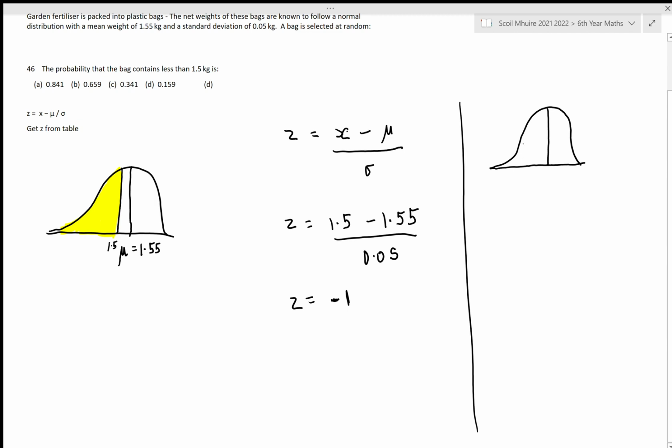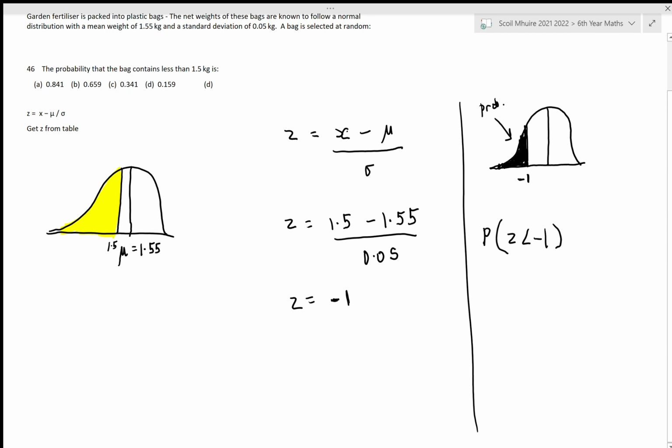But we have a symmetrical graph, so we can use that information to find the probability under a Z-score of -1. Okay, so there's your Z-score of -1. This is what you want. You want this area, that probability, that area under the curve. So you want the probability where Z is less than -1.